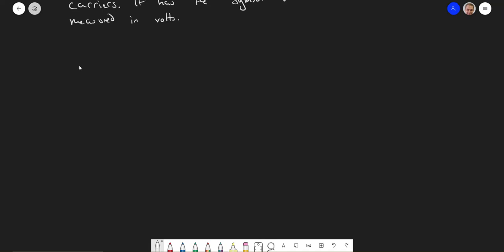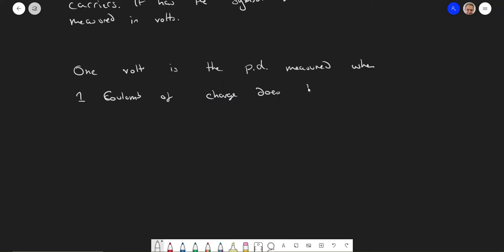So 1 volt, which is named after Alessandro Volta, the guy who first invented the battery, is the potential difference measured when 1 coulomb of charge, capital C, does 1 joule of work.